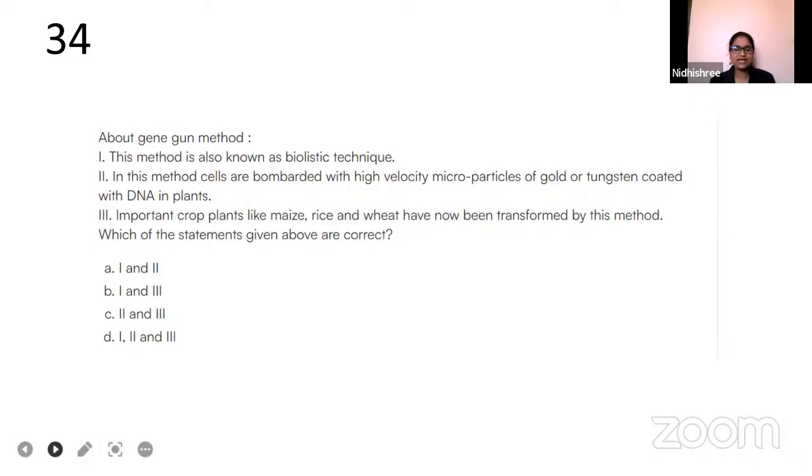Statement 2, in this method, cells are bombarded with high velocity microparticles of gold or tungsten coated with DNA in plants. Statement 3, important crops like maize, rice, wheat have now been transformed by this method. Which statements are correct related to the gene gun method?